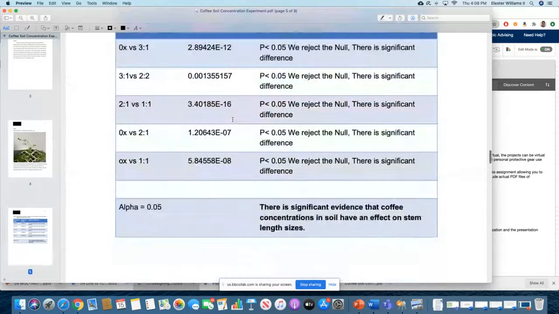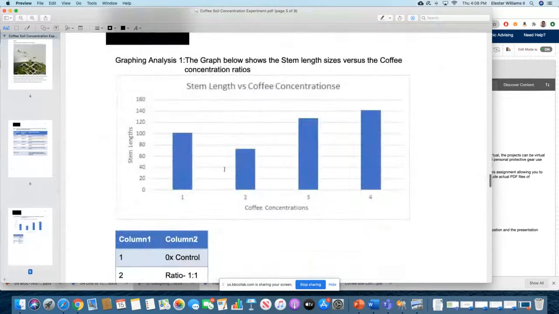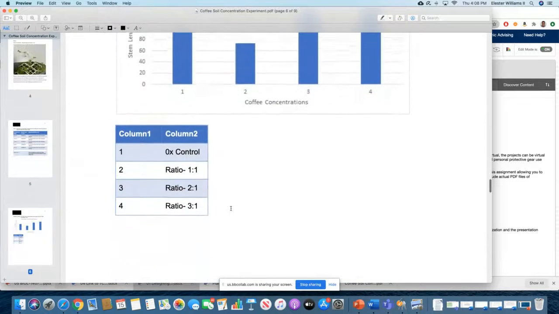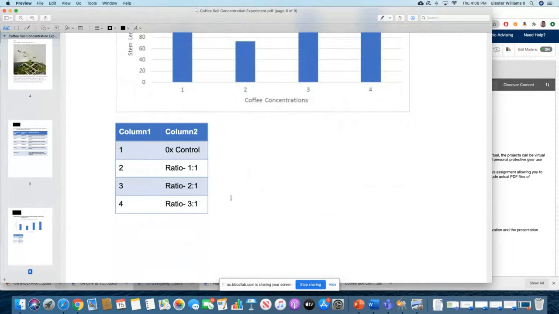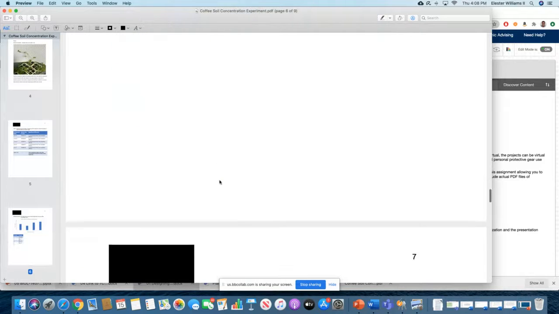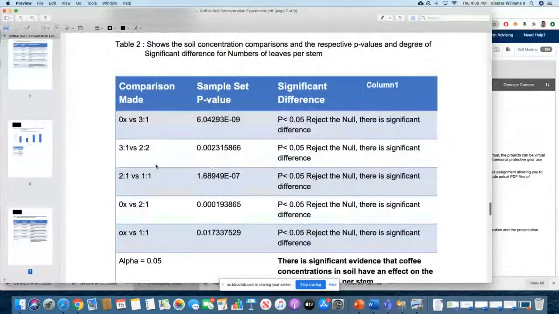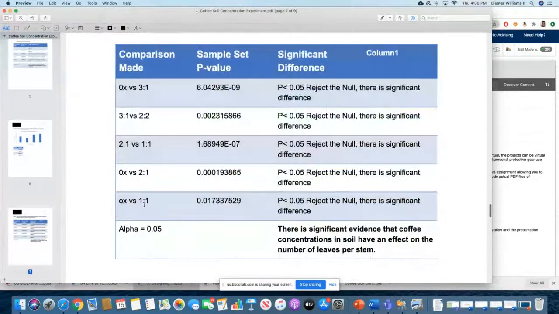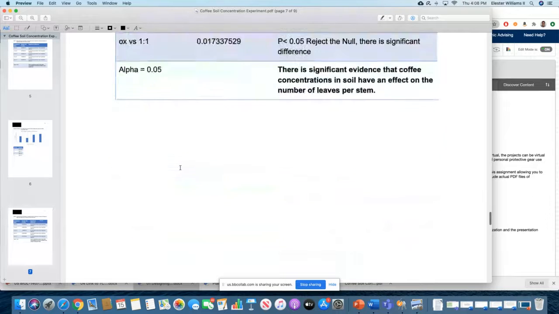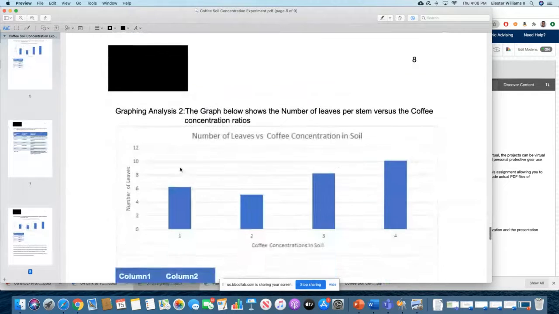For their experiment, they really wanted to look at caffeine, but they ended up using coffee instead because practically, it was simpler. And so they had to compare all the different groups to each other: the control to 3-to-1, the 3-to-1 to the 2-to-1, the control to the 2-to-1, etc.